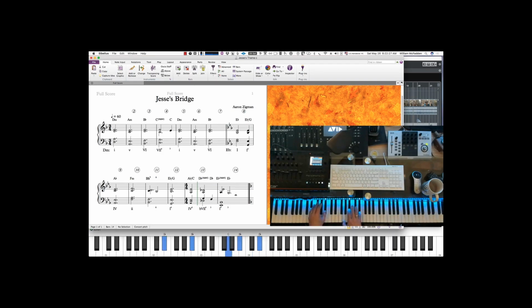So E flat's the 1 of the scale of E flat. Then we go to A flat, which we see as the 4 of the scale, and then the F minor is the 2nd chord in the scale. And then we have a B flat, sorry.